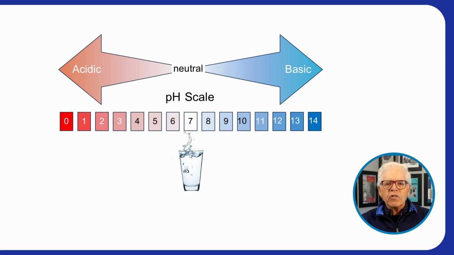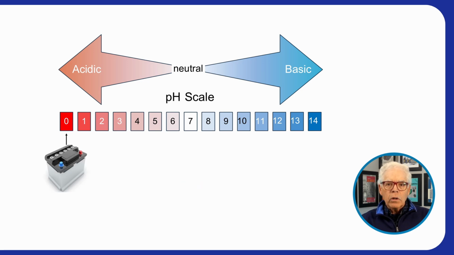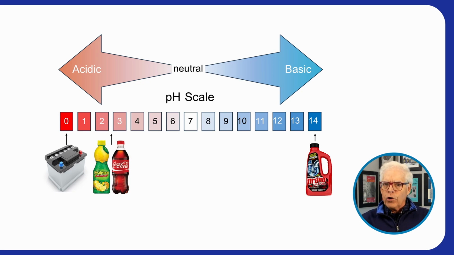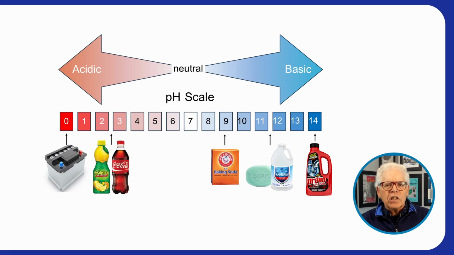At the extremes of the pH scale, on the acidic side is 0. Here you would place battery acid. For foods, lemon juice and colas like Coke and Pepsi are about the most acidic foods, with pHs between 2 and 3. On the basic side, 14 would be drain cleaner. Ammonia and soap would be around 11 to 12, and baking soda is pH 9.